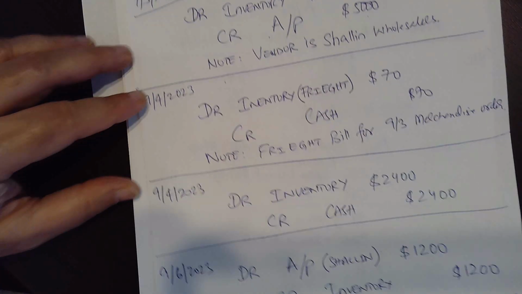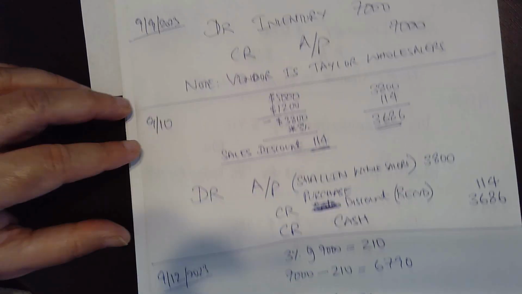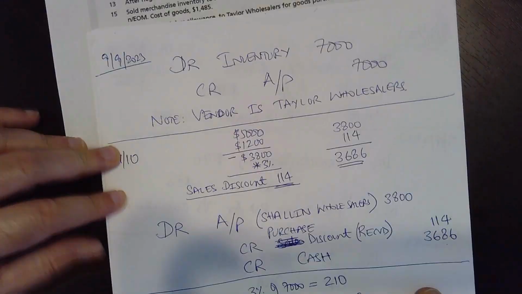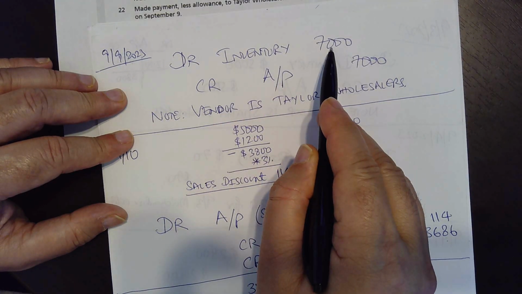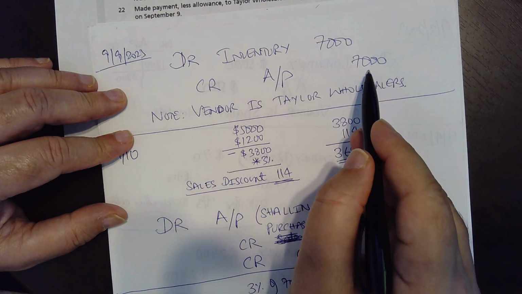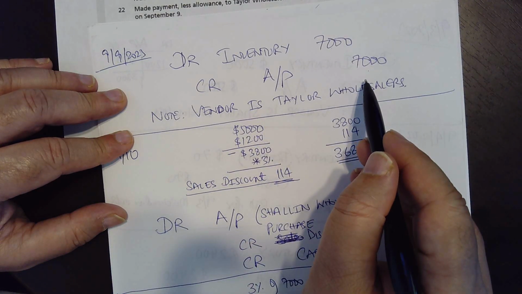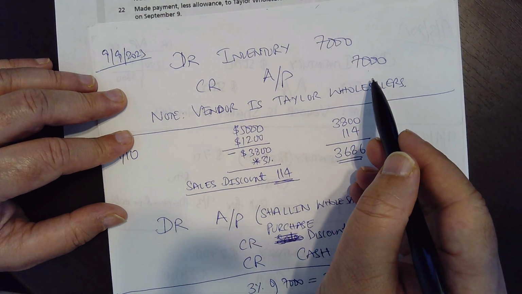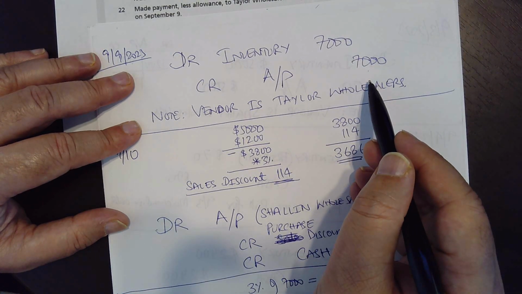So let's go back to September 9. What happened on September 9? So here is September 9. On September 9, we purchased inventory for $7,000, and we have an accounts payable that we owe to Taylor Wholesaler. They have given us a $250 allowance. So what do we call this allowance? It's called purchase allowance.